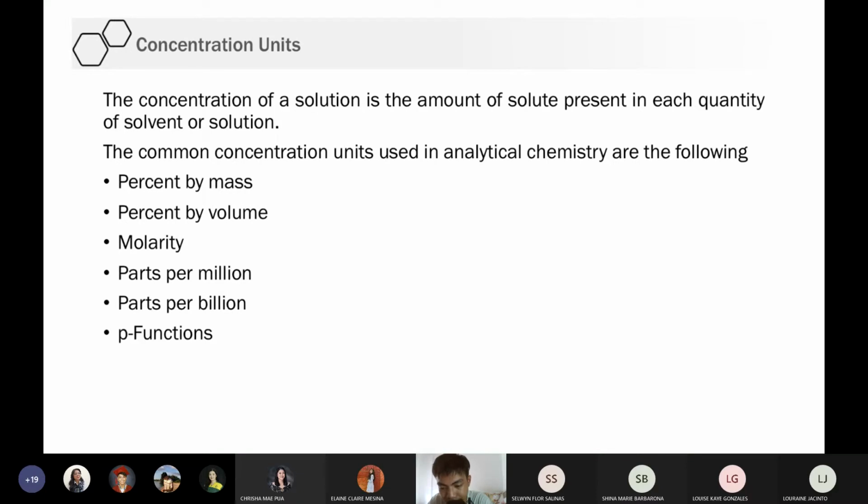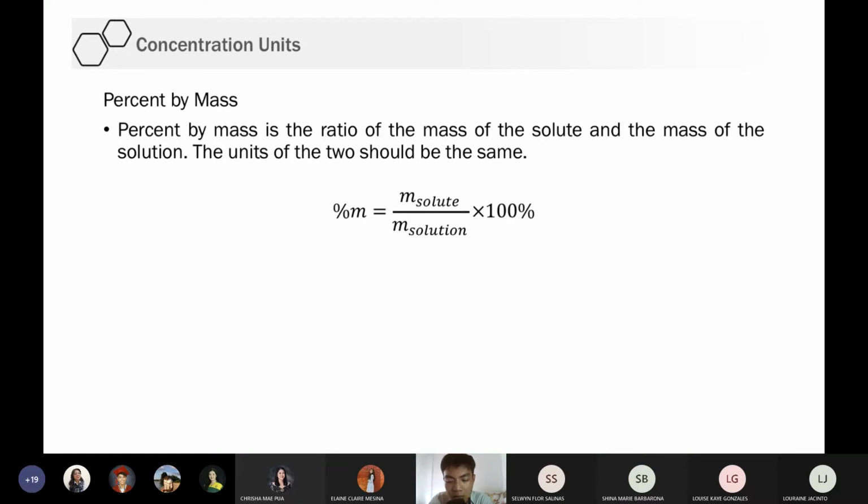Okay? So, let's start with percent by mass. When you say percent by mass, that is just the ratio of the mass of your solute over the mass of the solution. Take note, solution, not solvent. Saan ba gawa yung solution uli? Solution is made up of two components, solute and solvent.